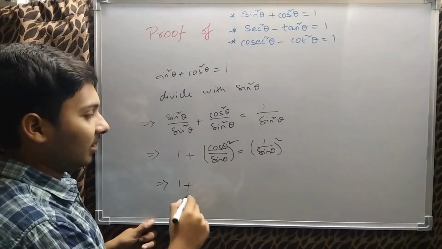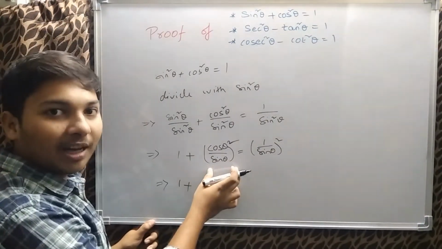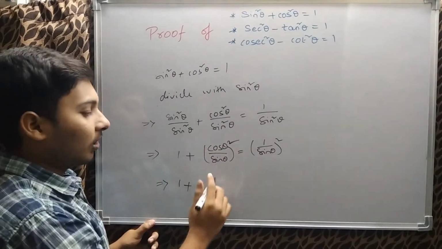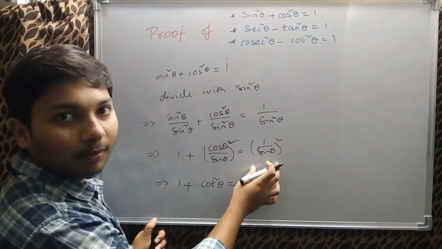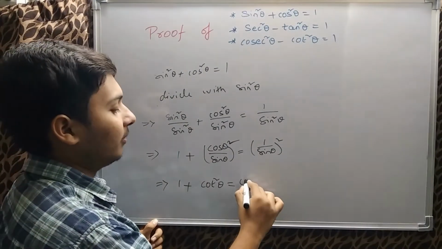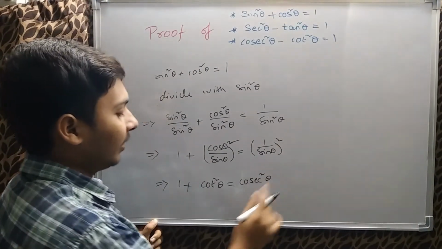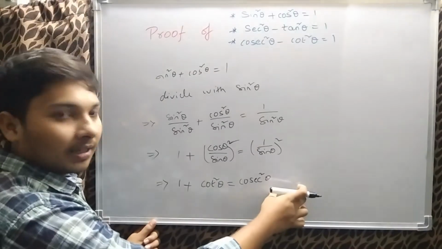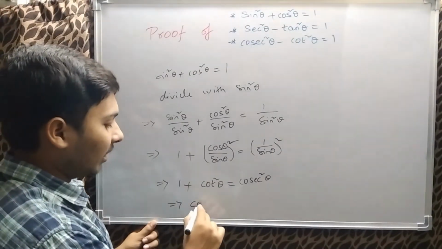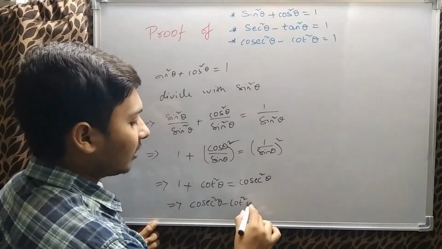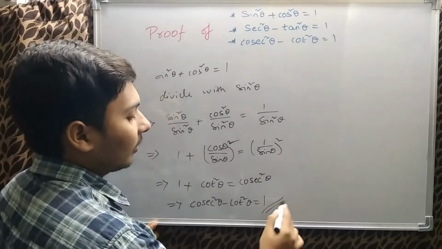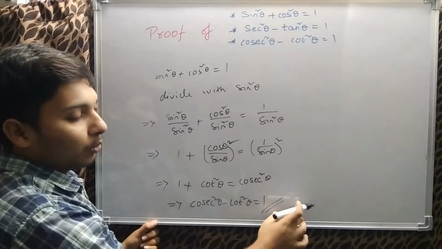That implies 1 plus cot square theta is equal to cosecant square theta, since cos theta by sin theta is cot theta and 1 by sin theta is cosecant theta. Taking cot square theta to RHS, cosecant square theta minus cot square theta is equal to 1. The third identity is also proven.